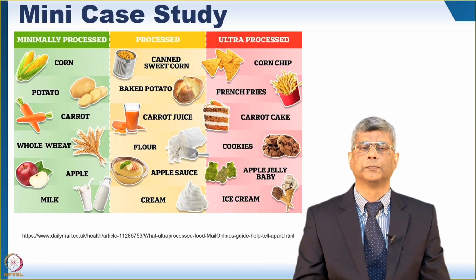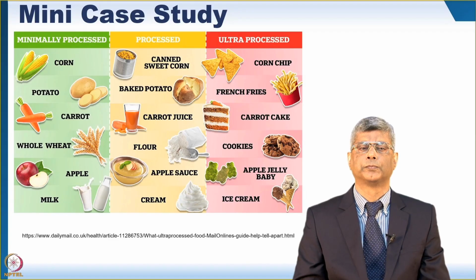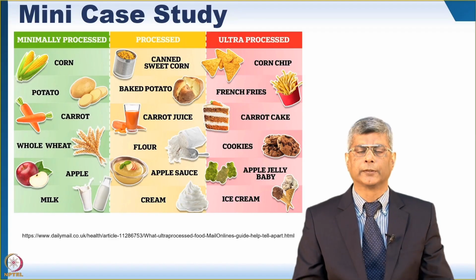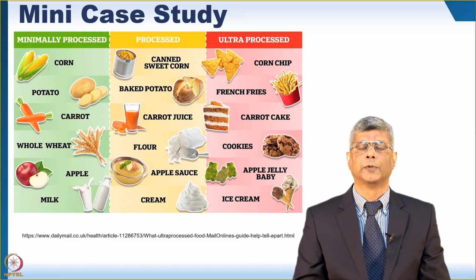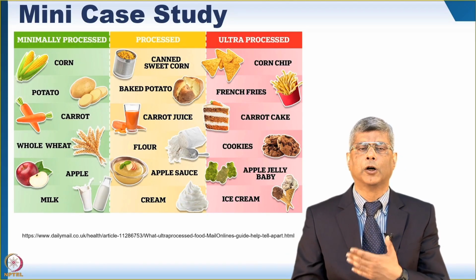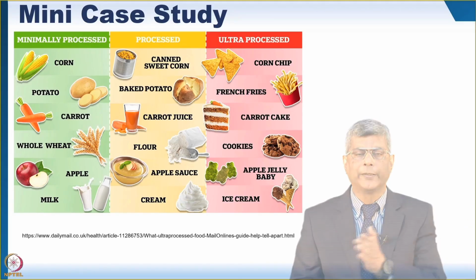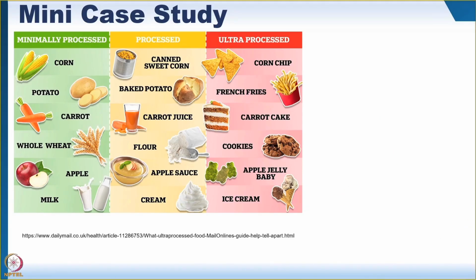And then there are processes like juices. And then there is ultra-processed, which you'll probably get in a restaurant, cookies or chips. All of these need different degrees of food processing by the company which is providing them.